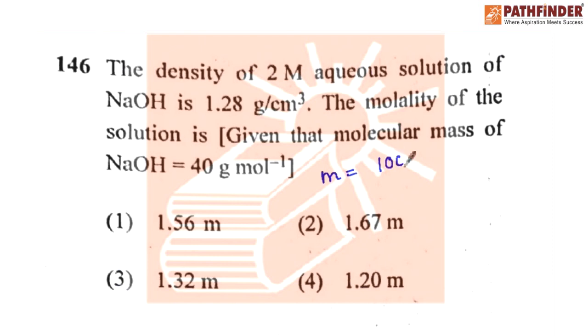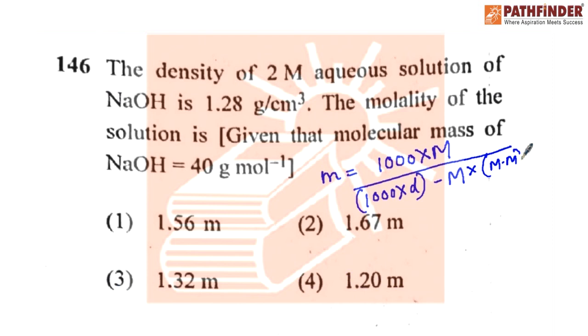Whenever molarity and the density of the solution are given, we can directly apply this formula: molality equals 1000 times molarity divided by 1000 times density minus molarity times molar mass of the solute.